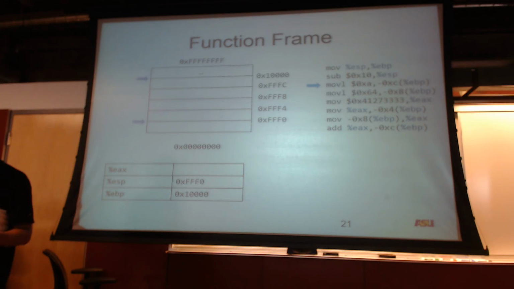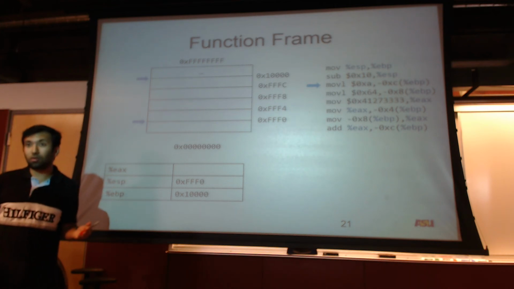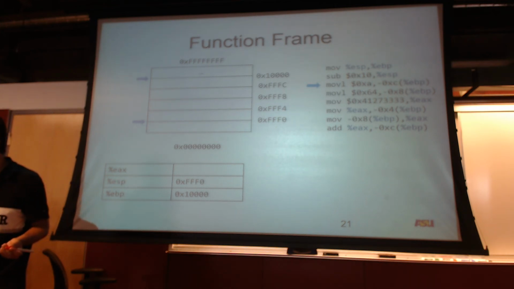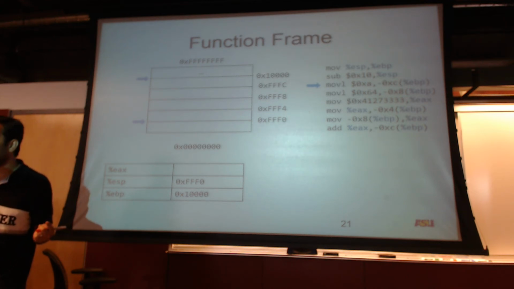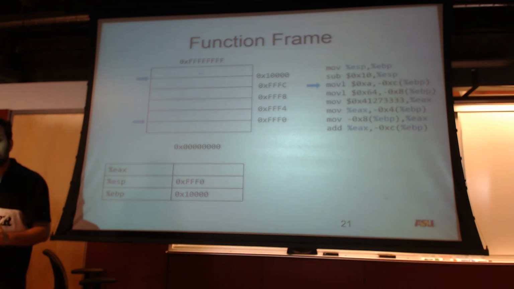Whatever local variables it can account for right now, it keeps space for that. The runtime execution engine doesn't know in the future how much local variable space you will need, so initially it does a rough estimate. In this case, it estimates that A and B both need 4 bytes and C needs 8 bytes. So 4 plus 4, 8 plus 8, 16. So it decrements by 16.